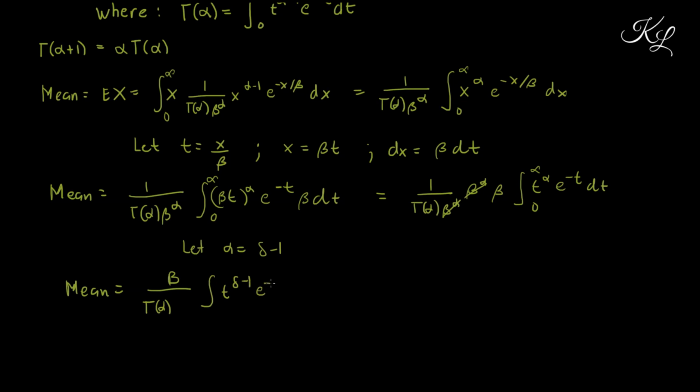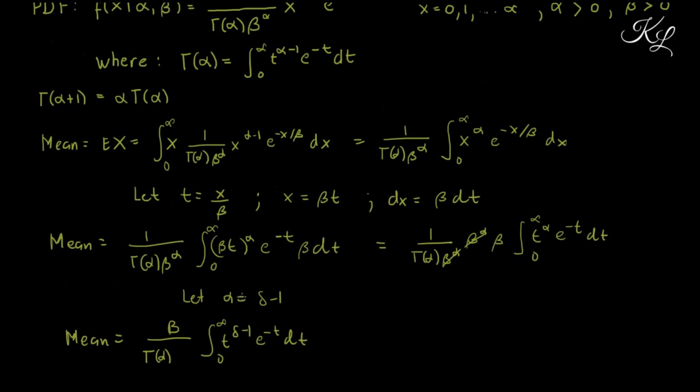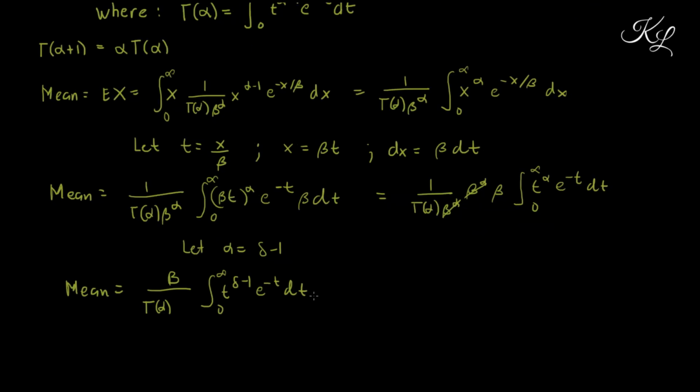We have here e raised to negative t dt 0 to infinity. Now if we try to compare this one and the definition of our gamma function, they are the same except that this is delta and this is alpha. So this one is equal to gamma of delta.